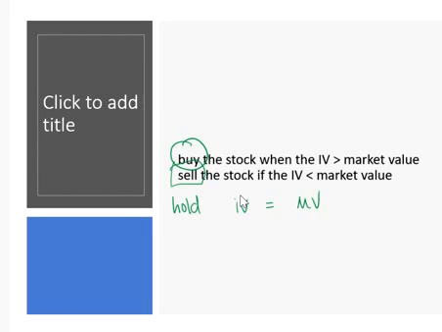Okay, dia memang ada straightforward strategies. Kita akan beli, buy when stock's intrinsic value exceeds its market value, and sell when a stock's market value exceeds its intrinsic value.